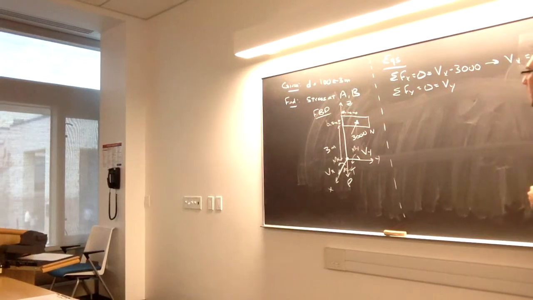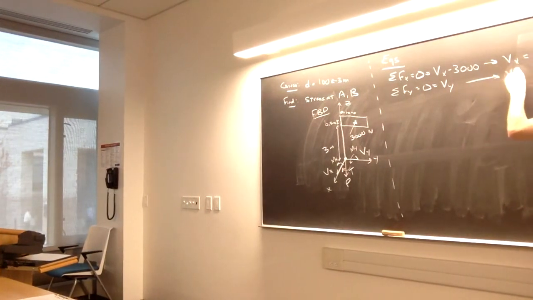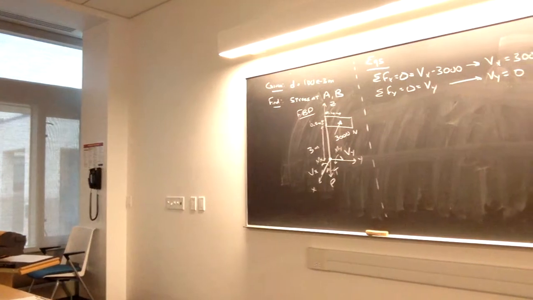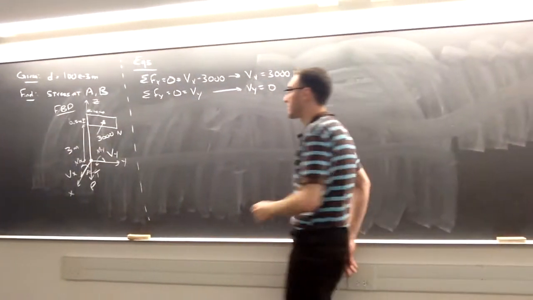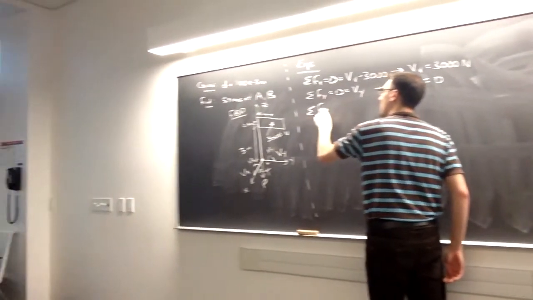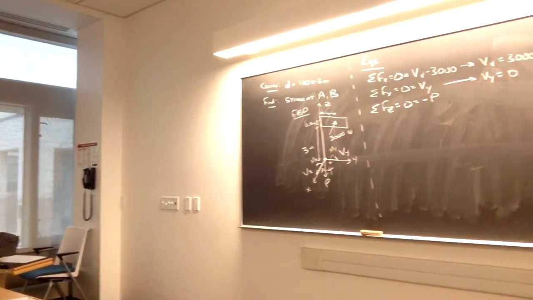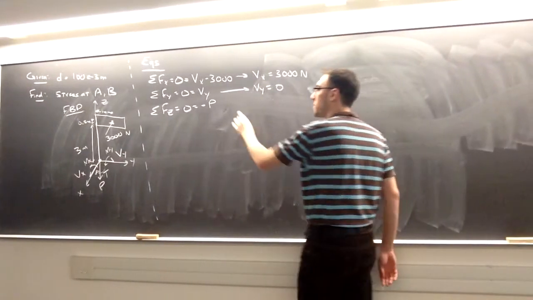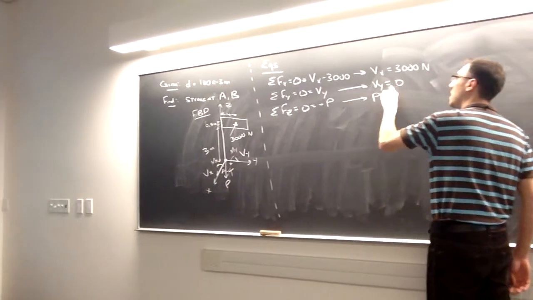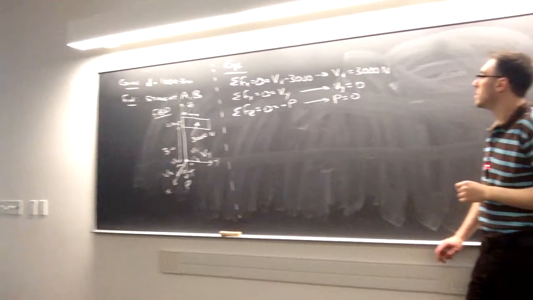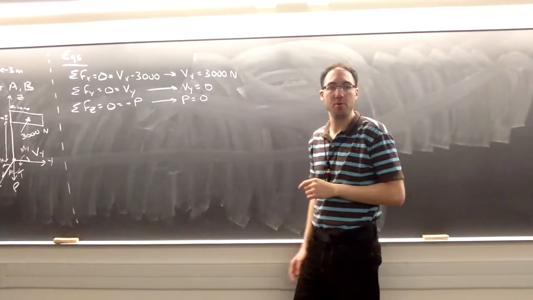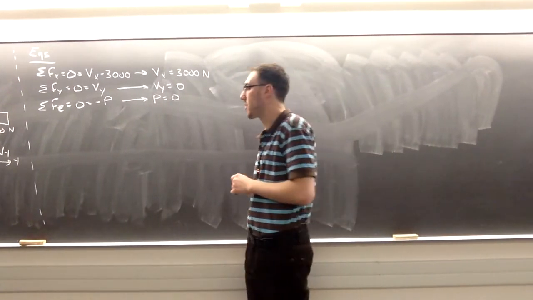In the y direction, we have Vy, and that's all that's in the y direction. And in the z direction, we have negative P, and that's the only force in the z direction.